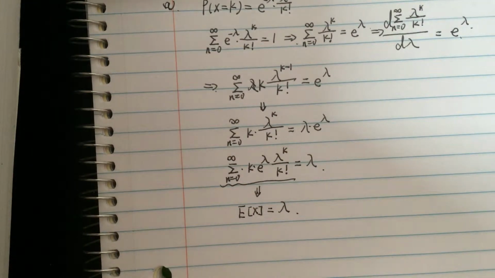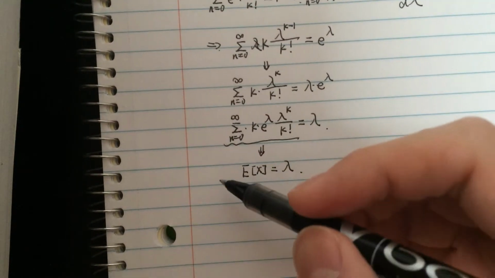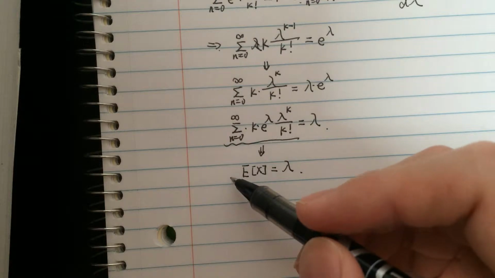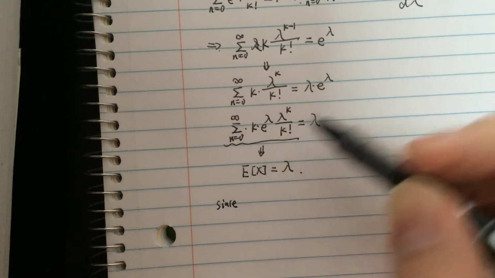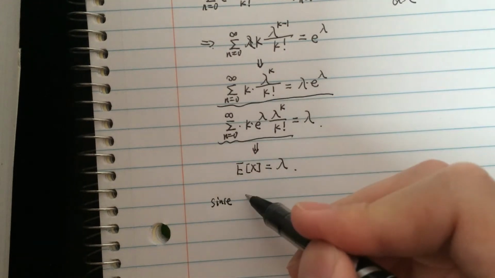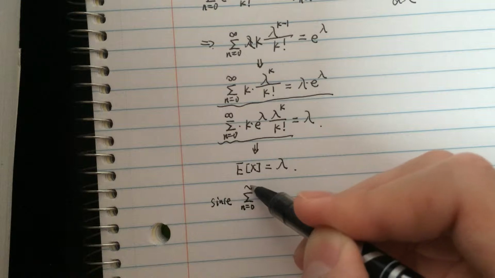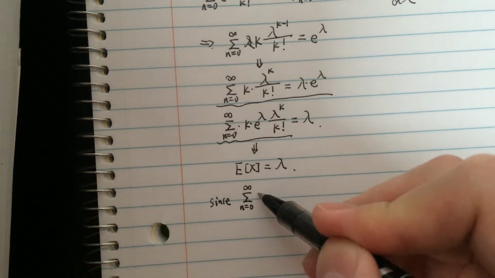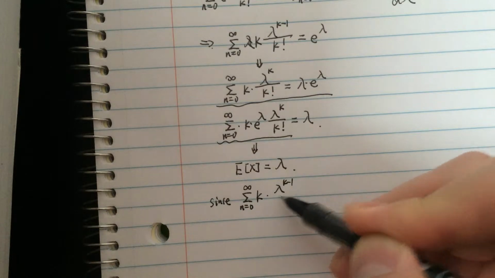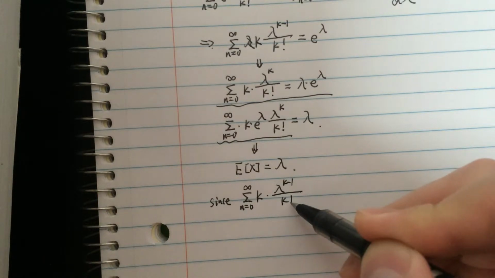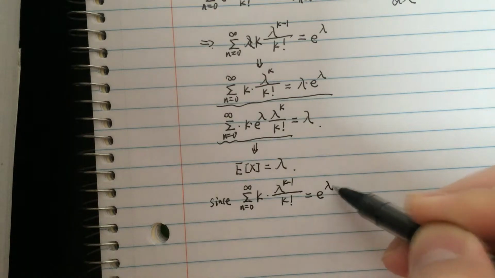And again, for the variance, according to this one, the sum from k equals 0 to infinity of k times lambda to the k minus 1 over k factorial equals e to the lambda.